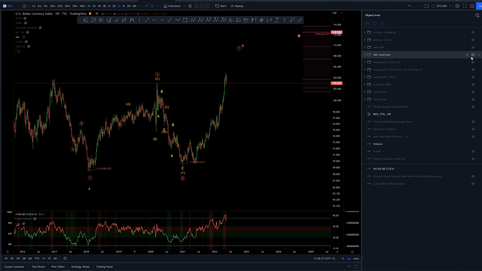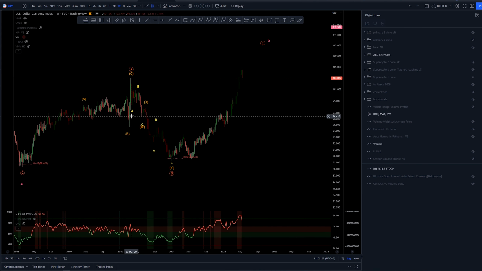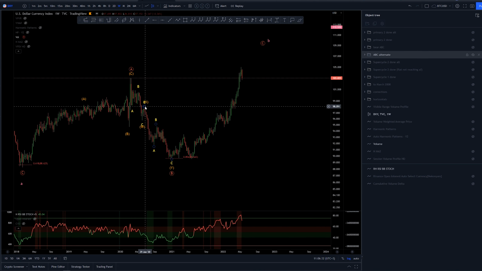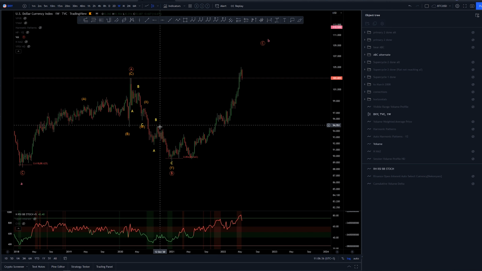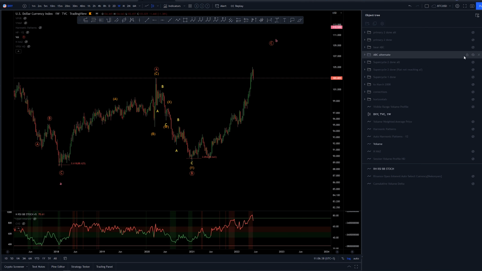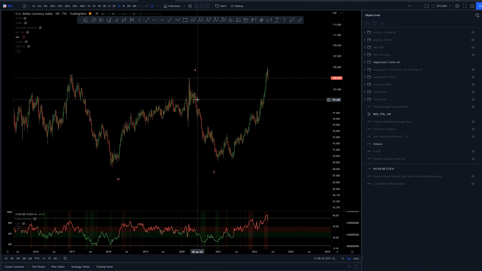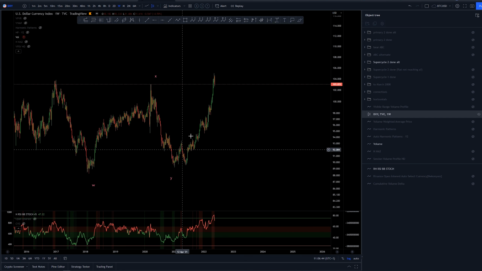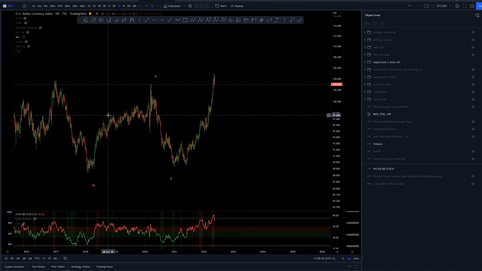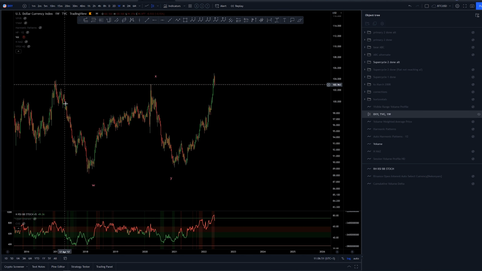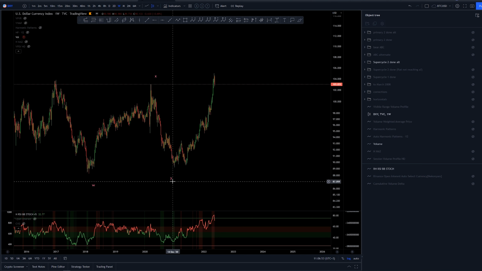So this is the structure here, ABC into W, ABC into X, or some kind of structure here, and then ABC into Y. This would again make more sense overall, as this structure would no longer need to be a running flat that has not fulfilled its purpose. So instead WXY, completing that super cycle wave 2 without any issues here.